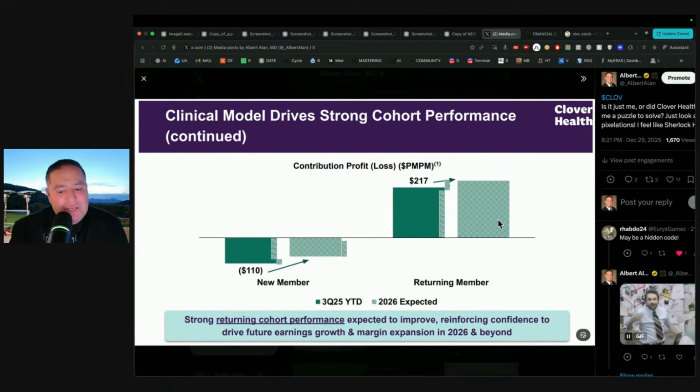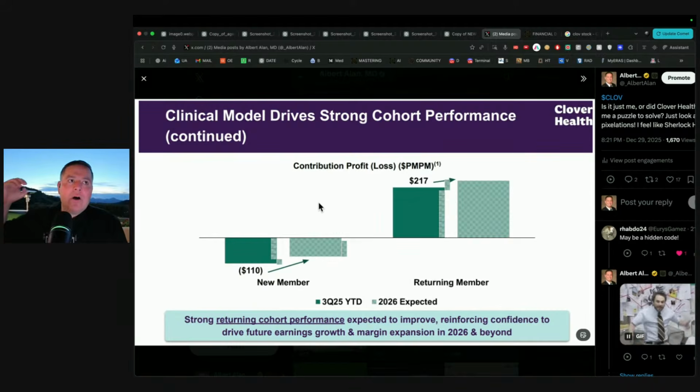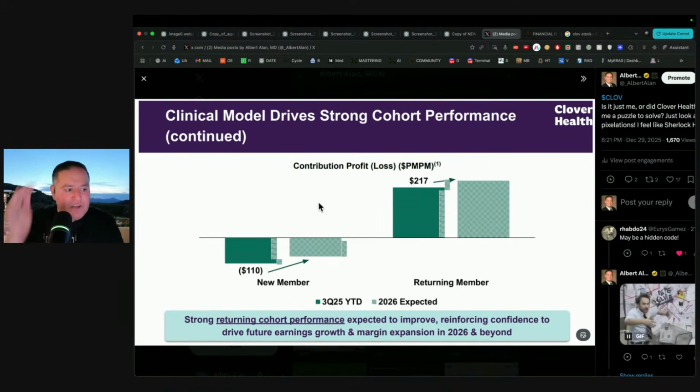But the question is, does this include the 4-star payment year and rate notice? Or is this just purely Clover Assistant driving these performances without the 4-star payment year and the CMS rate notice and the Part D subsidy? If that's the case, then this number should be higher. And that's what Pavan was alluding to yesterday when I was talking to him about it, when we were counting these damn boxes.